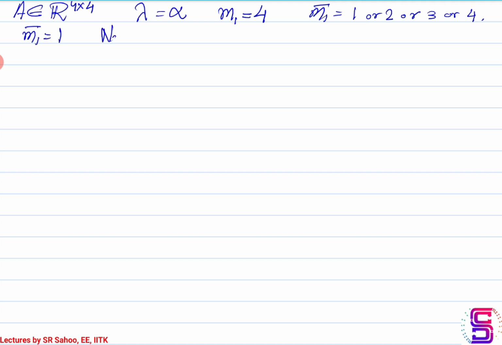When M1 bar is 1, that is 1 OEV, that means number of Jordan block is 1, and the Jordan form would be of this form.